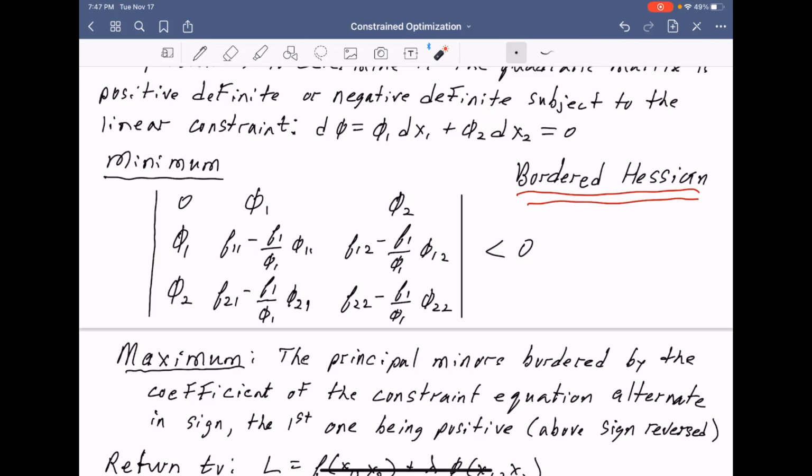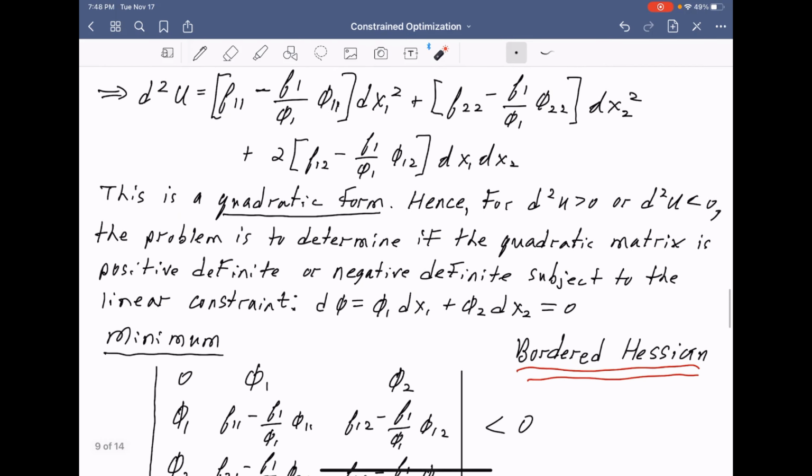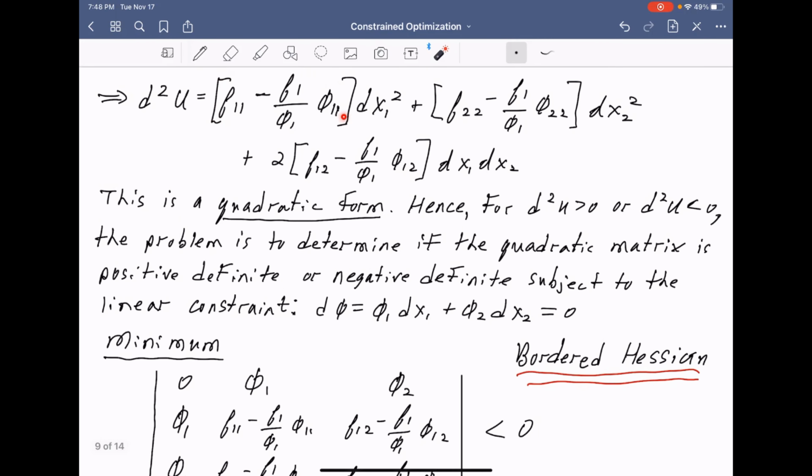All right, this bordered Hessian consists of this border here, and some folks put the borders on this side and down below, but you get 0, phi 1, phi 2, phi 1, phi 2 there, and you get these results here from this quadratic form. All right, so this one here is this here.